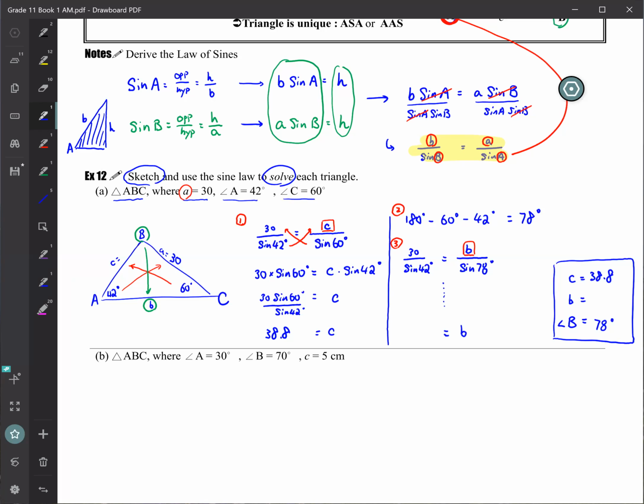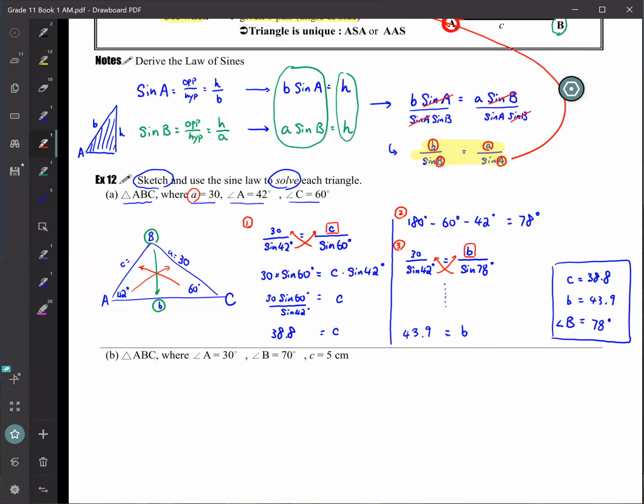Do you have the same answer for B, 43.9? Okay, well, it's like 43.85 when you round it. Yep, very good. Okay, so 43.9. So you do the same thing, cross multiply, and then you get that. So that's how you can find missing parts, even though you don't have any 90-degree angle. This is called the sine law.